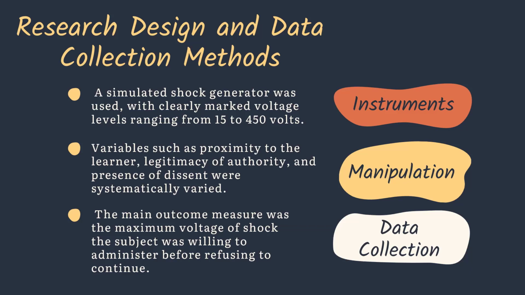That's weird, I think so. The main outcome, let's talk about data collection. The main outcome measure was the maximum voltage of shock the subject was willing to administer before refusing to continue. Actually, they were ready to give the shocks because of fear of authority, maybe, or they wanted to obey the authority.